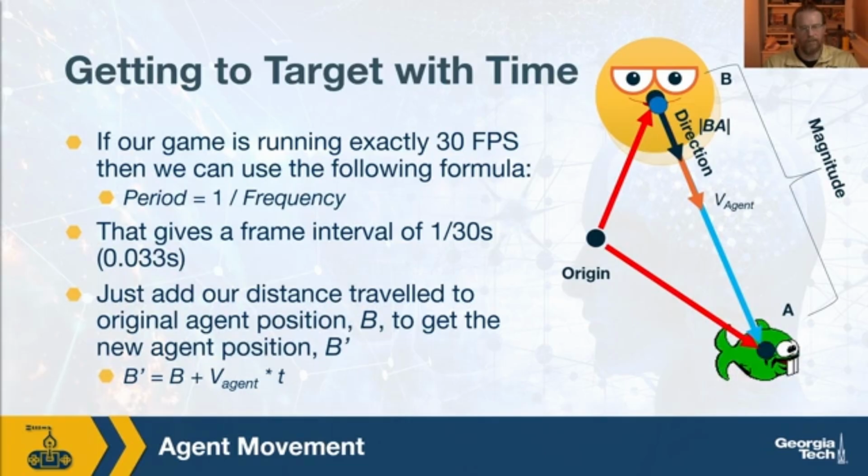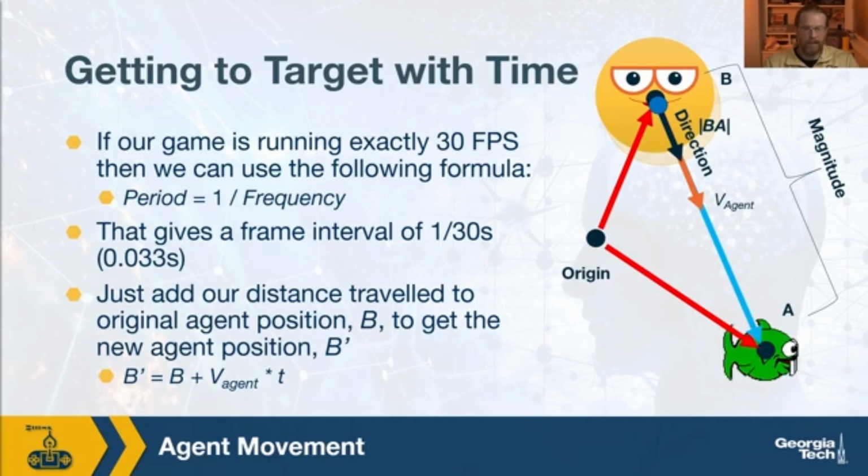So period is 1 over frequency. 30 frames per second is our frequency. So therefore, the period or the frame interval is 1/30th of a second, or 0.0333333, and so on seconds. So that is the value that we could use for t.